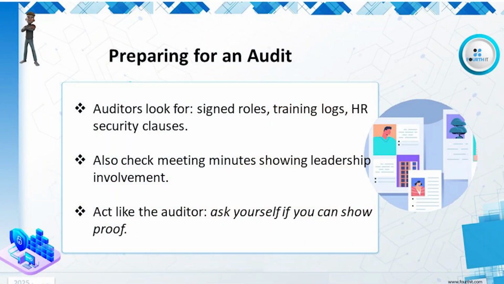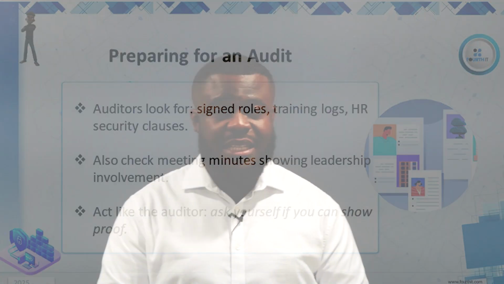Now, to wrap up the session, management's role in information security is about more than oversight. It's about active involvement, leadership, and accountability. The stronger the commitment from the top, the more effective security will be throughout the organization. Visible management support builds a culture where everyone takes security seriously, and it starts from the management.